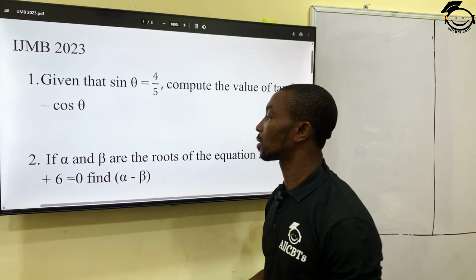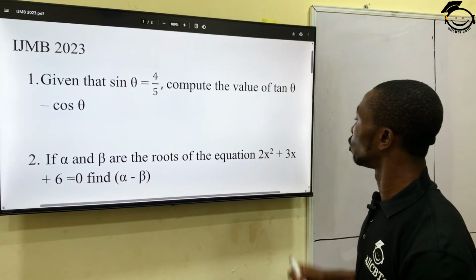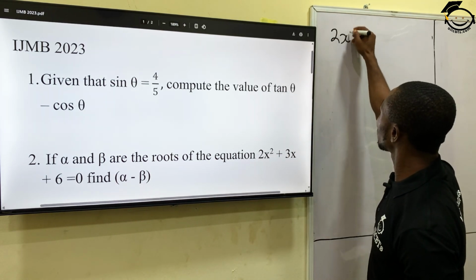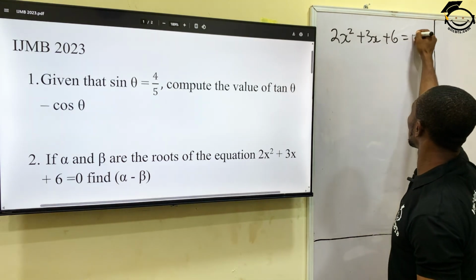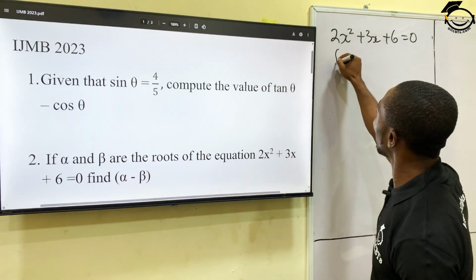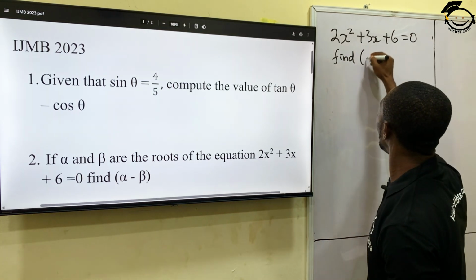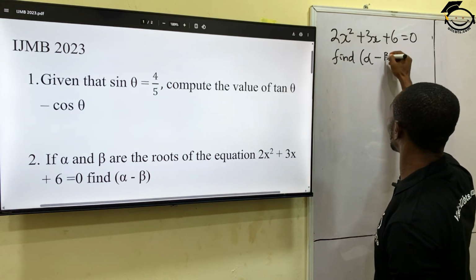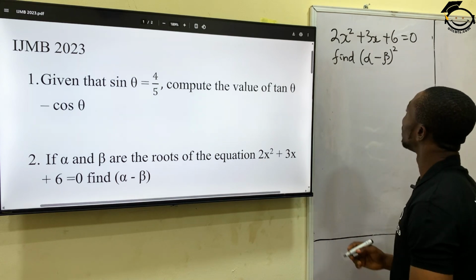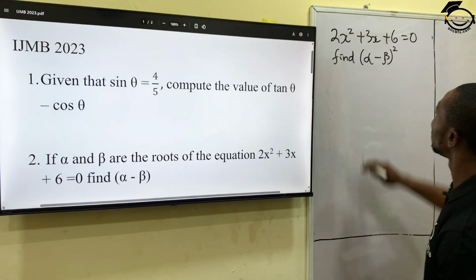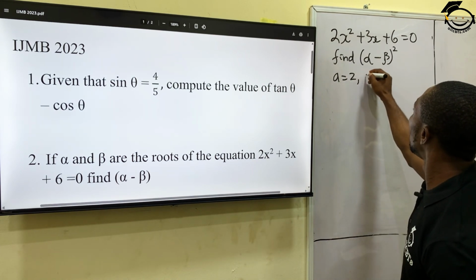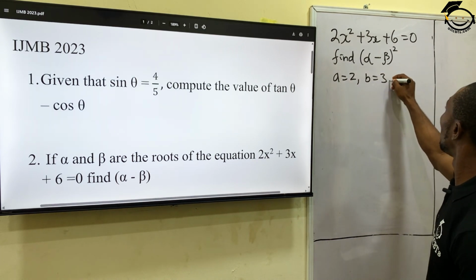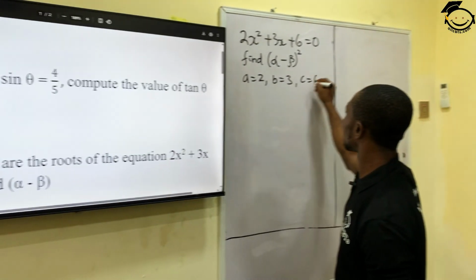If alpha and beta are the roots of the equation 2x squared plus 3x plus 6 equals 0, it says find alpha minus beta squared. Now, from our equation, our A is 2, our B is 3, and our C is 6.